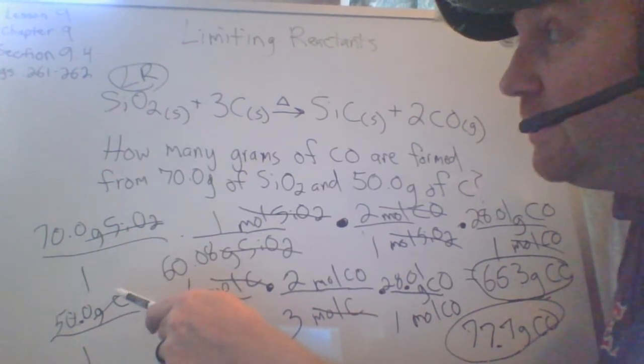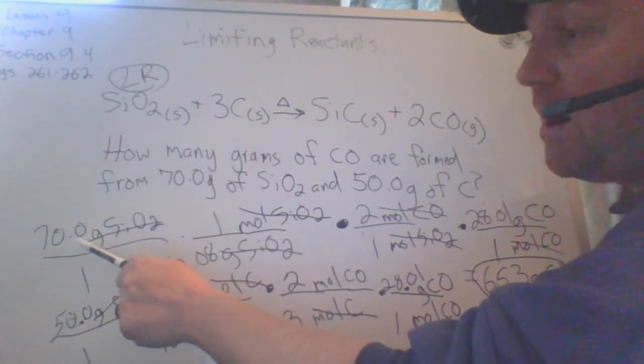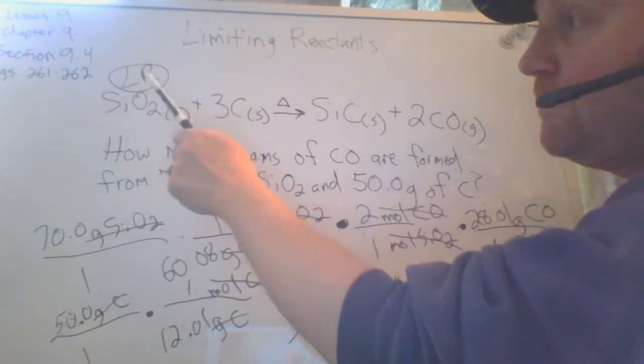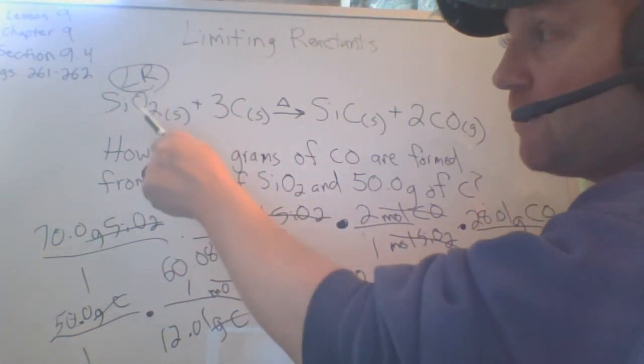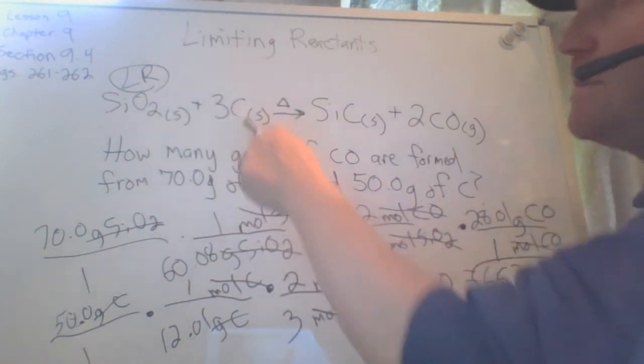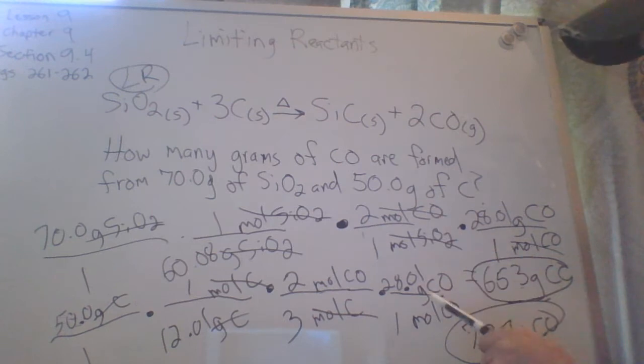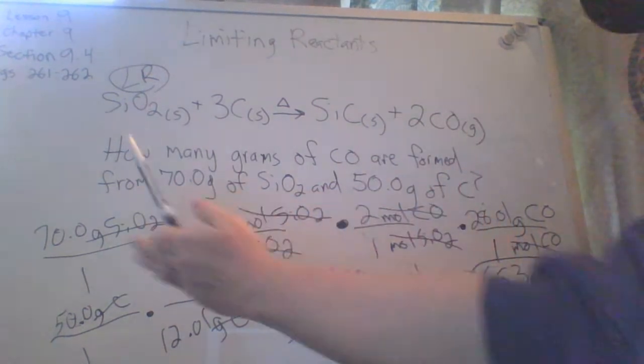So what we're going to do is start with our 70 grams of the limiting reactant. You're simply going to jump from grams of reactant to grams of other reactant. Same situation here. Notice we went to product in these calculations.